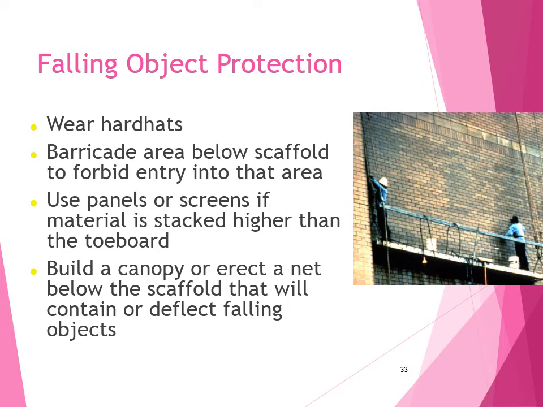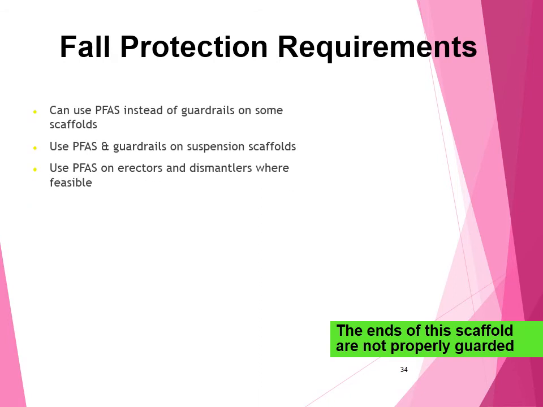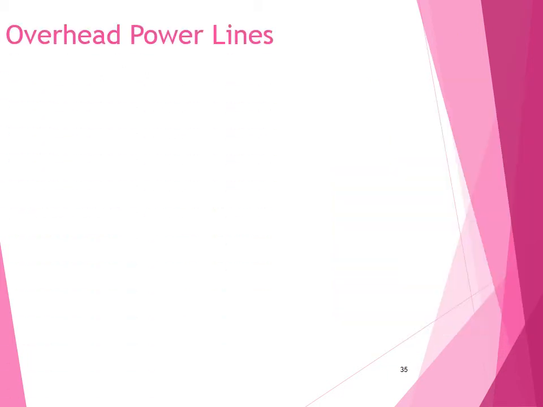Use panels or screens if material is stacked higher than the toe board. Build a canopy or erect a net below the scaffold that will contain and deflect falling objects. Fall protection requirements. This is the way this scaffold is not properly guarded.